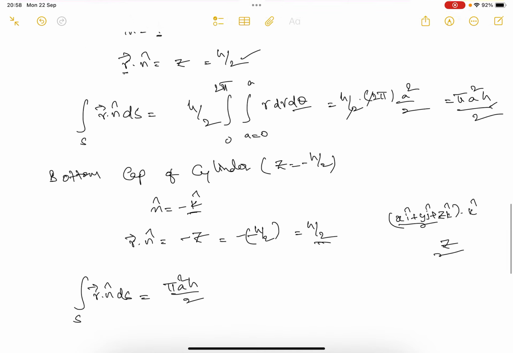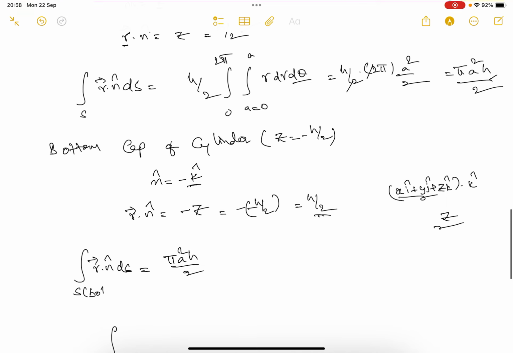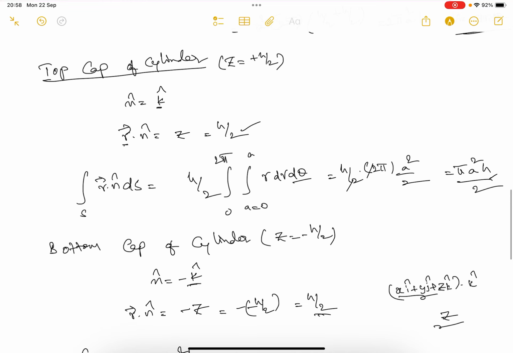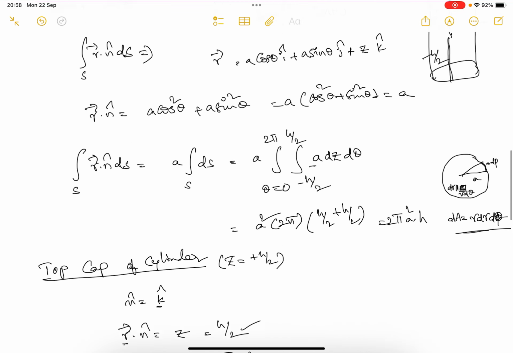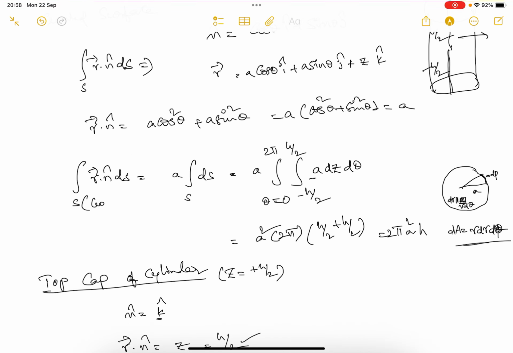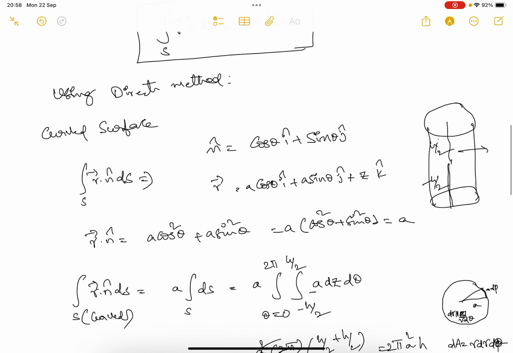So finally, I mean, you can just write this case. This is bottom, this is top, this is curved surface, right?